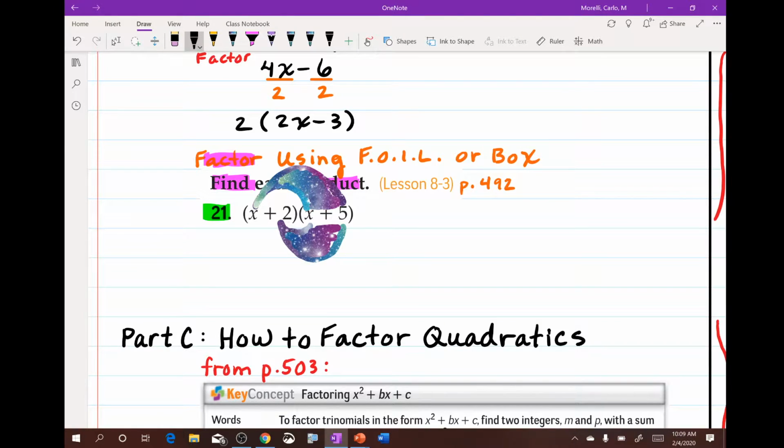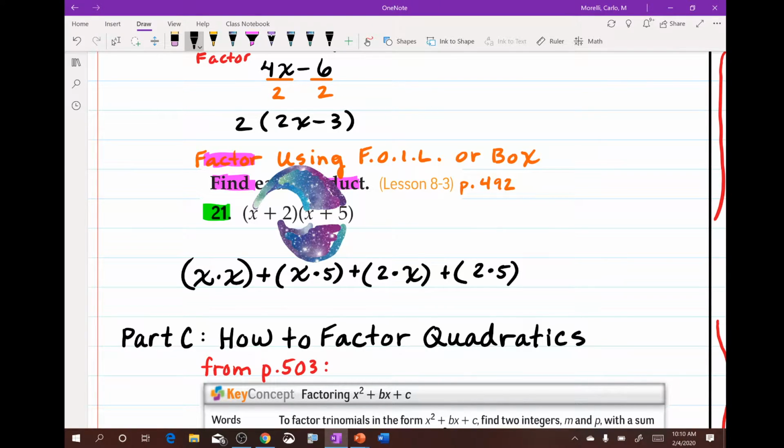So now what we're going to do is say first times first. That's x times x, plus outer times outer, x times 5, plus inner times inner, 2 times x, plus last times last, 2 times 5.